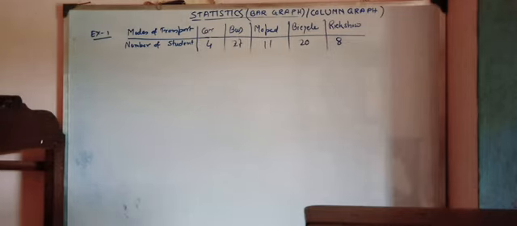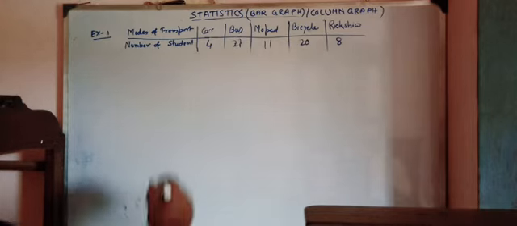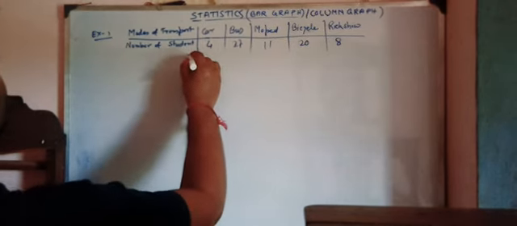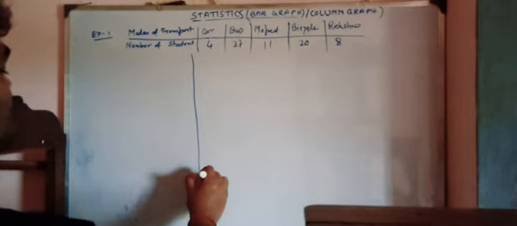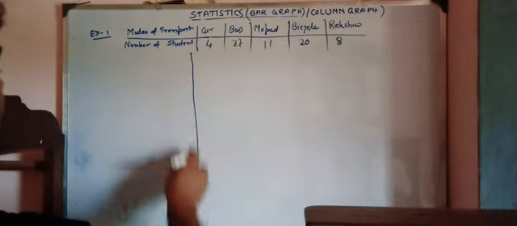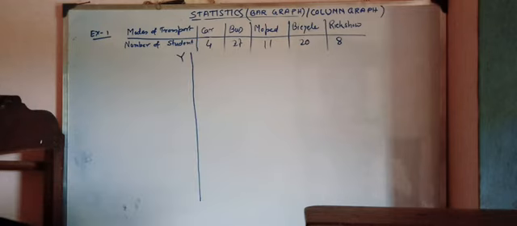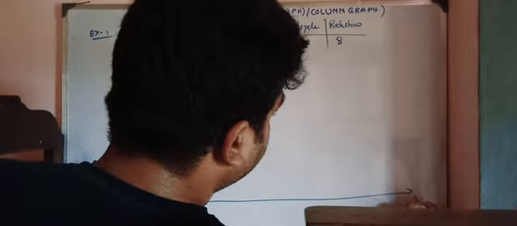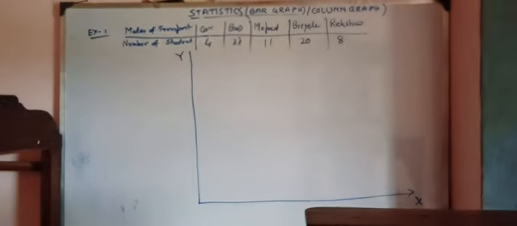Now how can we draw the bar graph? I am drawing it clearly so that you can better understand. For that we have to take one axis along vertical, that is the y axis, and one horizontal, that is the x axis. Understand?